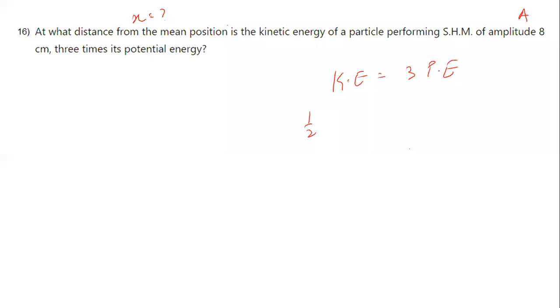So kinetic energy is 1 by 2 m omega square into a square minus x square, and potential energy is 3 multiplied by 1 by 2 into m omega square x square. Cancel the common term and simplify this equation for x. You will get the answer.